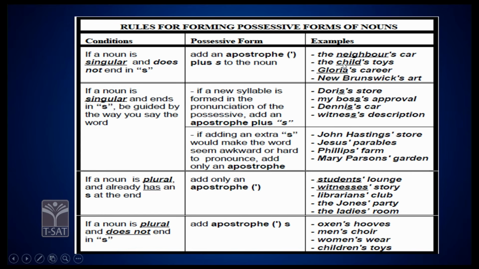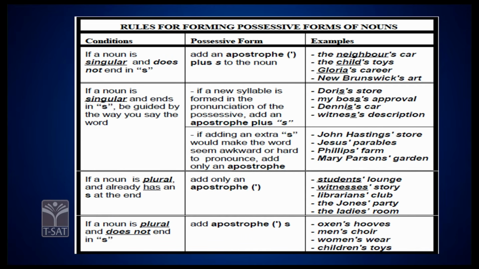Child is a root noun, and it is not ending with s. So what is the possessive form that we are going to do? We should add apostrophe and s. So the child plus apostrophe plus s, the child's toys. Gloria's career, New Brunswick's art, something like that.